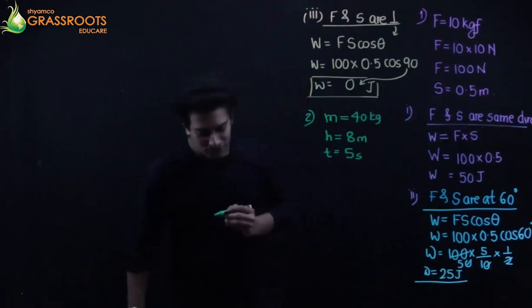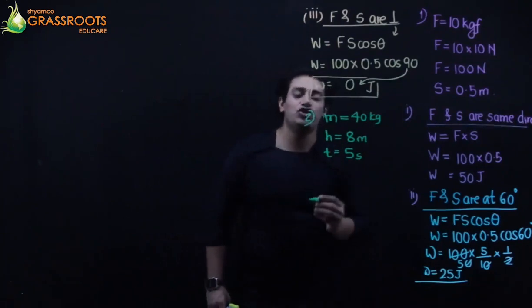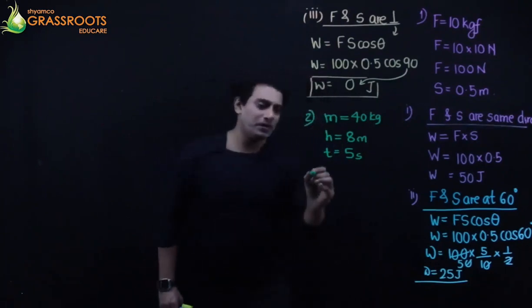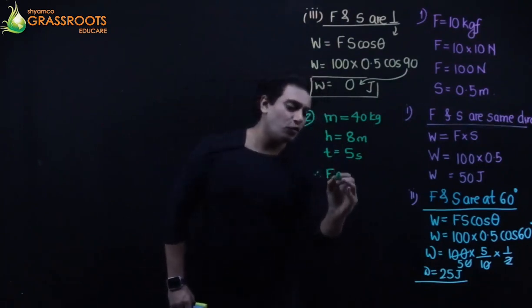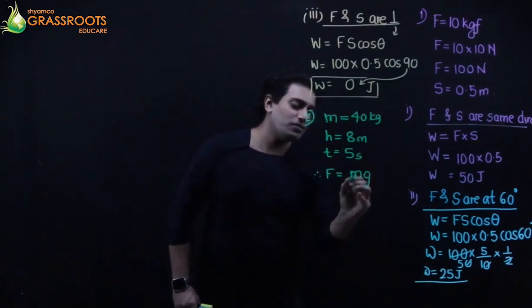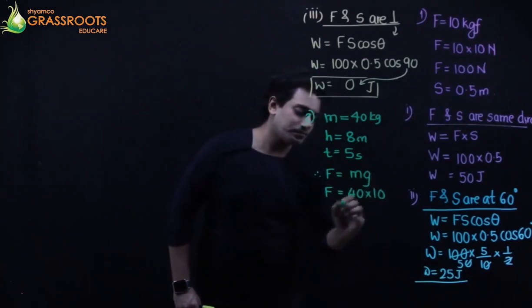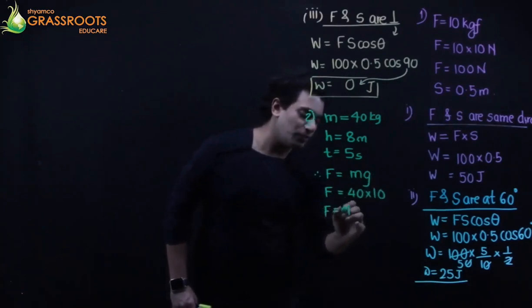First, calculate the work done, the force of gravity and the power spent. G is given as 10. So first part, force ka formula is mg, that is 40 into 10. The force is going to be 400 Newton.